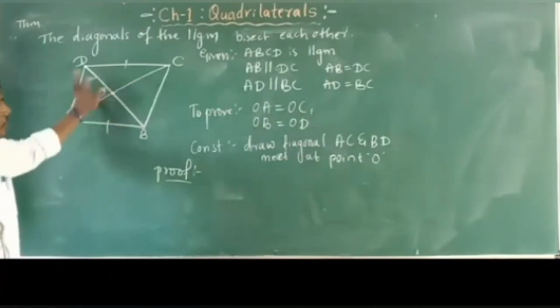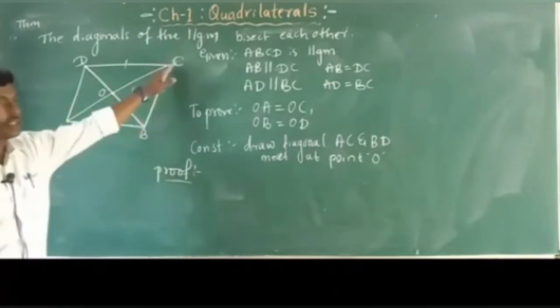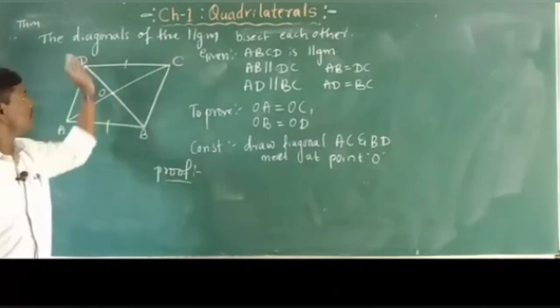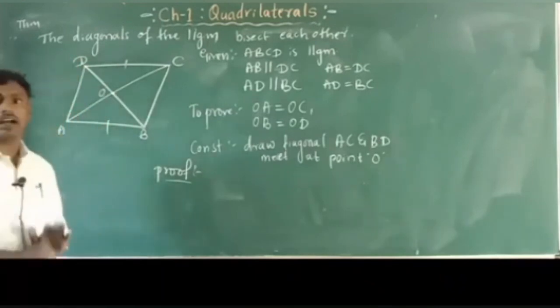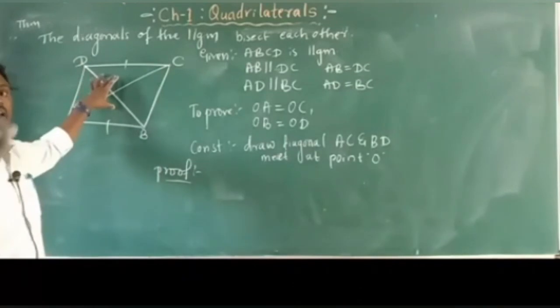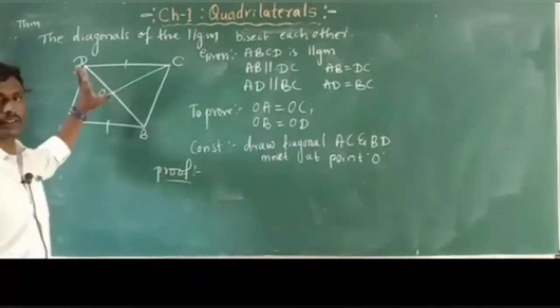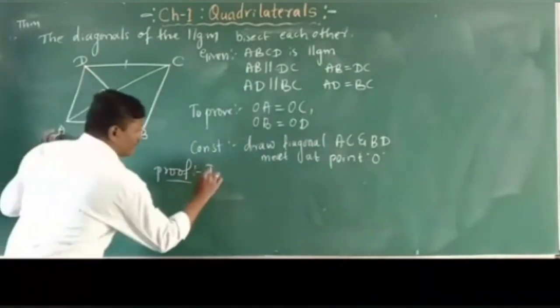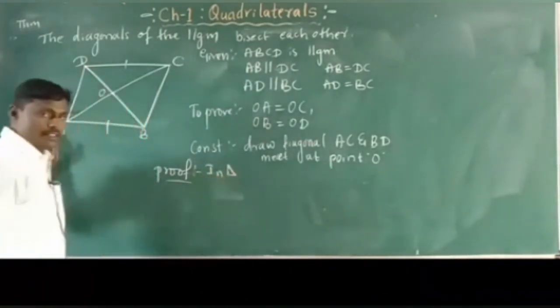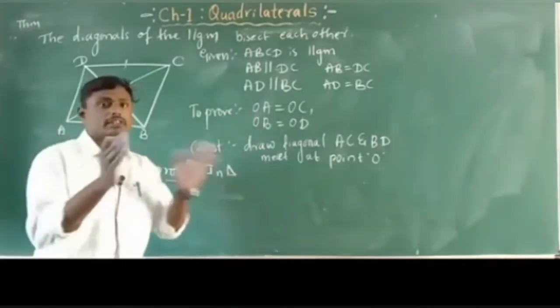You are observing four triangles here: the first triangle OAB, OBC, third one OCD, ODA are the four triangles of the parallelogram, right? So consider any two triangles that lie on opposite sides.